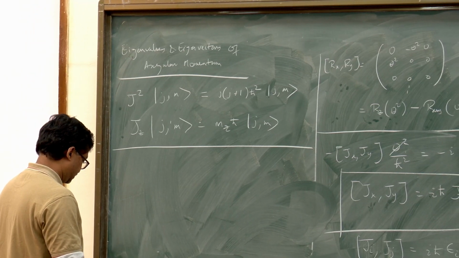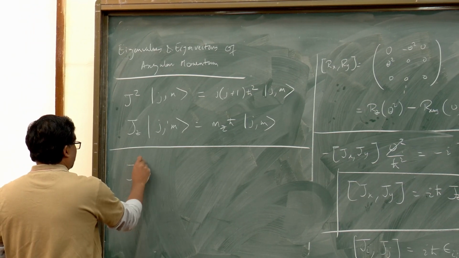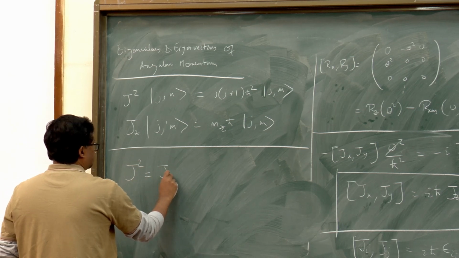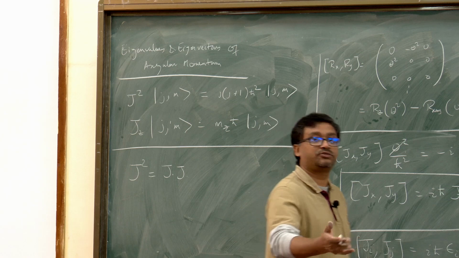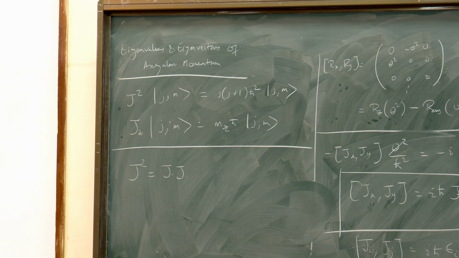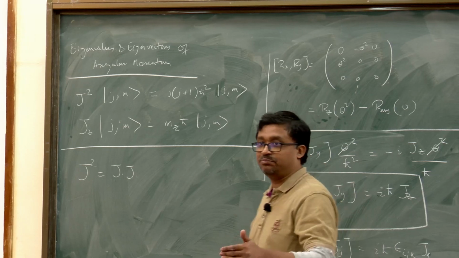Okay. So the J square operator is J dot J, right. You sometimes see a p square operator or p to the power n operator. That is just those operators applied n times.